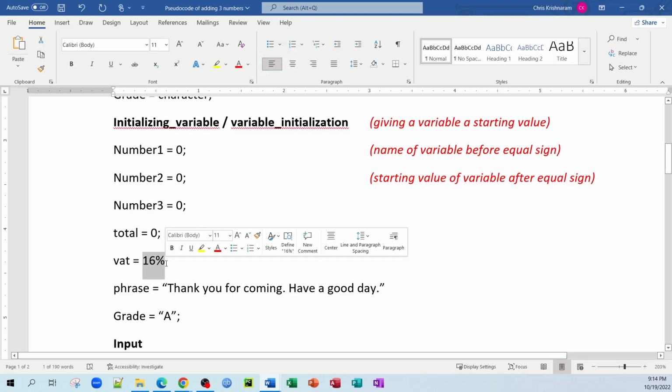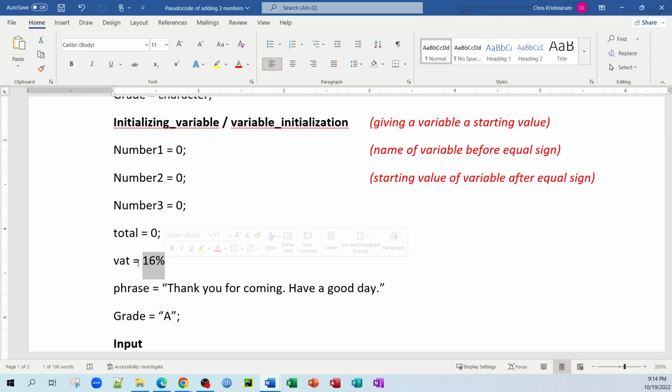Because we're not going to trouble the value inside of it, and it's going to remain the same, it is going to be called a constant. So once again, it's not that it remains because something is forcing it to remain. It's the fact that we are not going to change it that makes it remain the same.